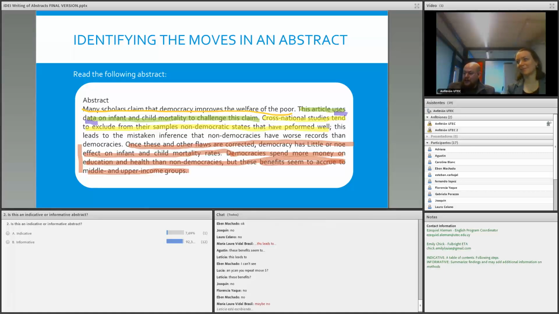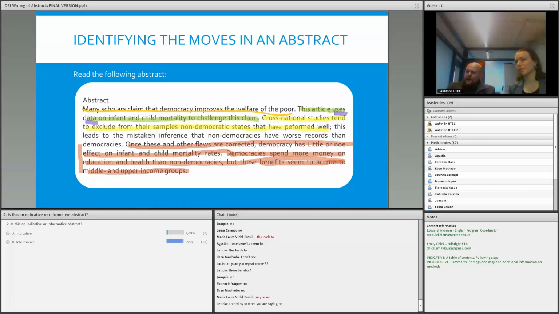Maria Laura, Evan, Florencia, thank you very much. Yeah, in this case in particular, at least Emily and I believe there's no move 5, or if there is one, it's not very clear, because it's not explaining to us why these findings are important. Which they may do in the conclusion.